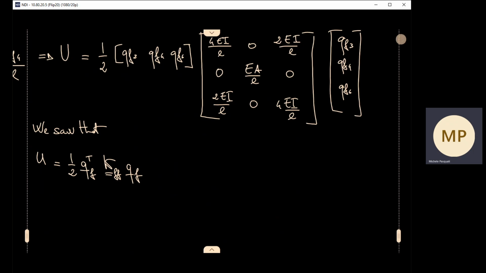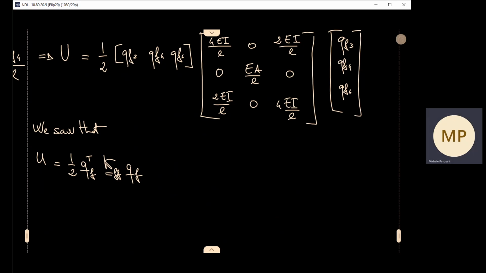This is one of the notes that we recalled from chapter 3 when we derived the elastic energy. Can you see any resemblance between this formula and the one that we got? They are basically the same. So it means that this matrix here that we have derived is KFF. So this is the structural stiffness matrix. Okay.